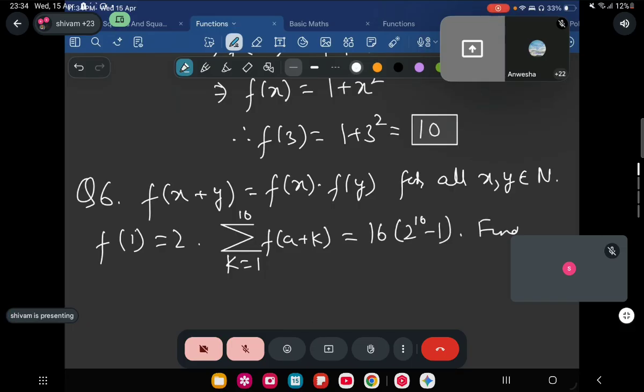Find a. Solve, everyone. A similar kind of question came before.